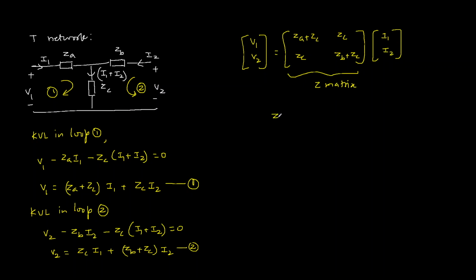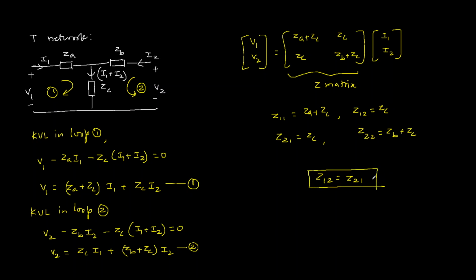Or we can say Z11 is ZA plus ZC, Z12 is ZC, Z21 is ZC, and Z22 is ZB plus ZC. Now in this circuit we can see that Z12 is equal to Z21, hence this circuit is a reciprocal circuit, or reciprocal two-port network.